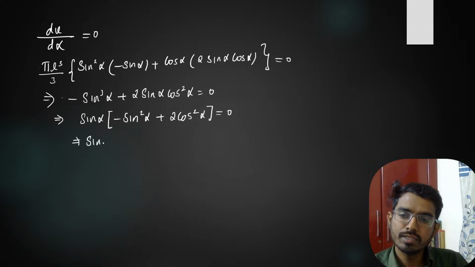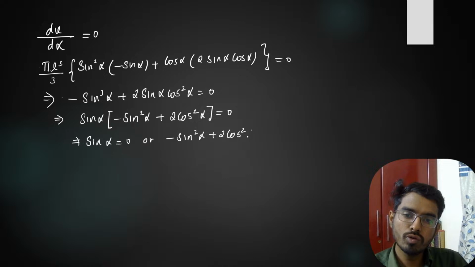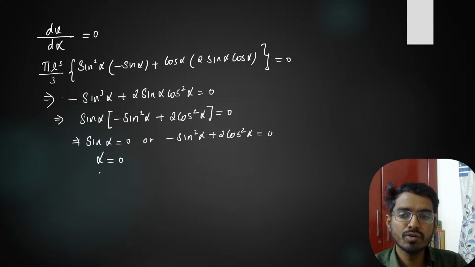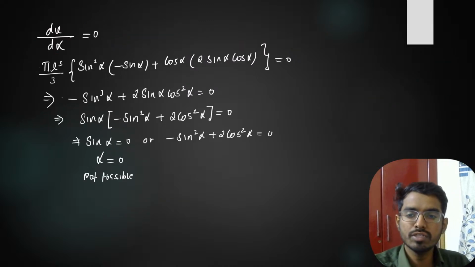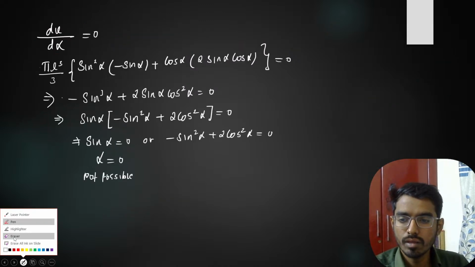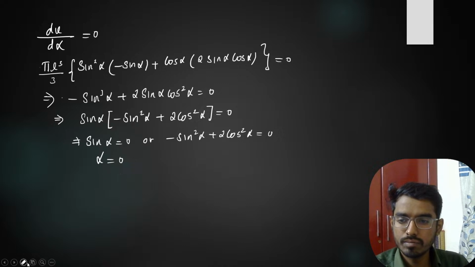This implies sine alpha is equal to 0, or minus sine square alpha plus 2 cos square alpha is 0. Sine alpha is 0 means alpha is 0, which is not possible, right? If this angle is 0, you will not have a cone. So this is not possible.